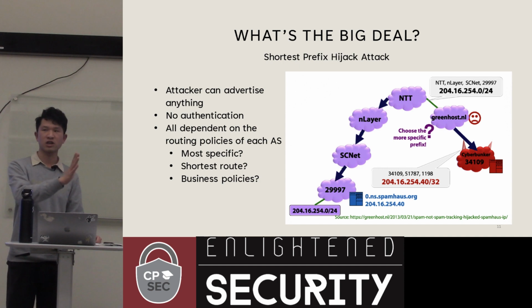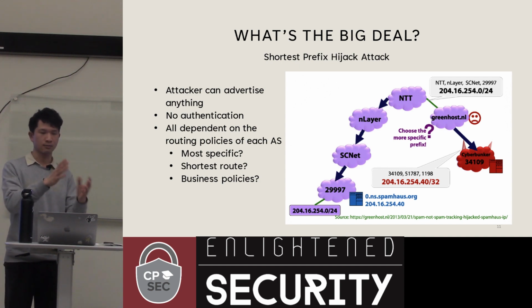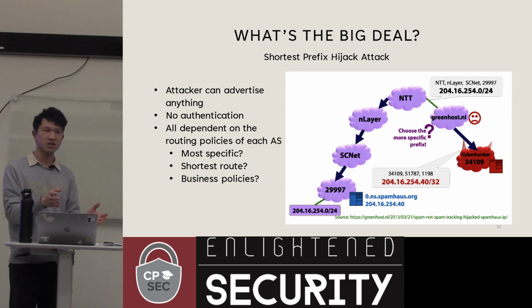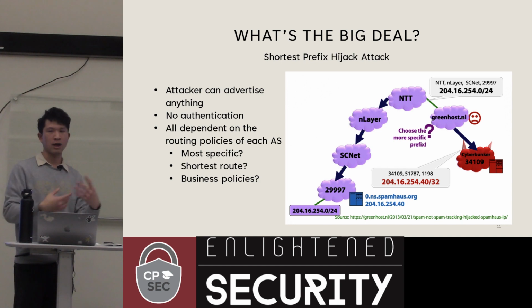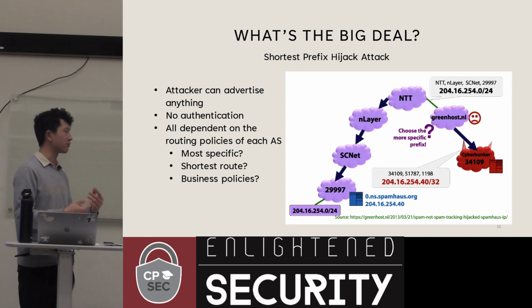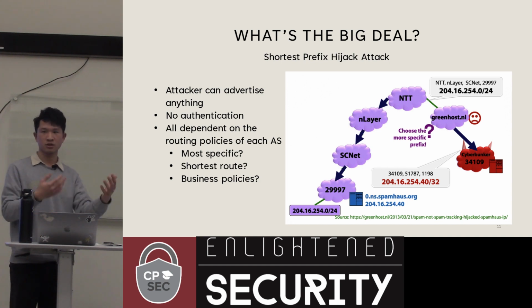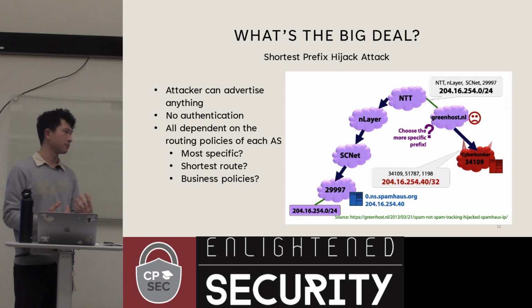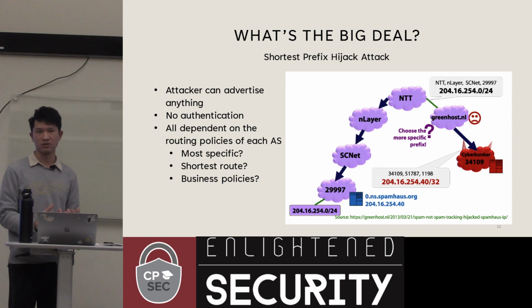You have the /24, I have a /25. I have that more specific end destination that you want to reach. You should come to me. In that way, they can draw traffic destined for those IP ranges to themselves, even if they're not the intended receivers of that information.